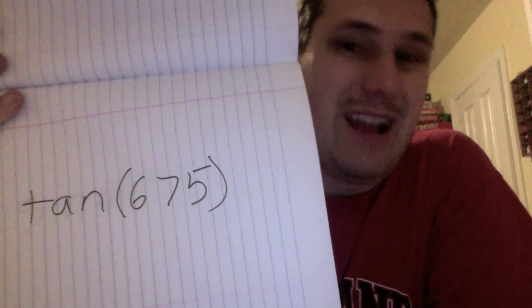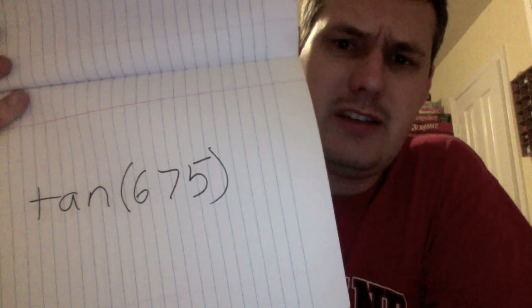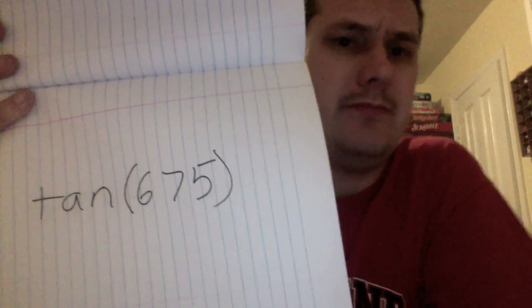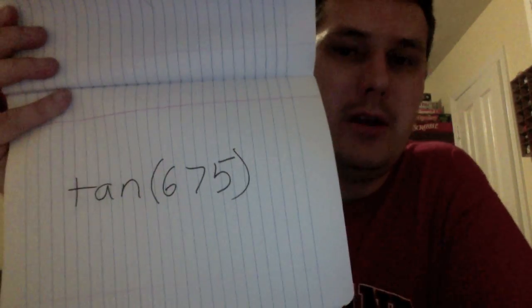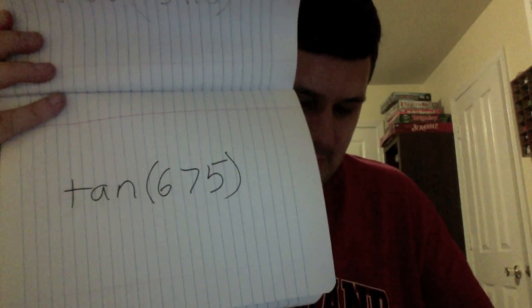The next problem I'm going to do is also pretty easy to plug in. It's just the tangent of 675 degrees. Again, I could do the coterminal angle thing, subtract 360, and the reference angle is 45 degrees, so I could do that, or I could put it in a calculator.